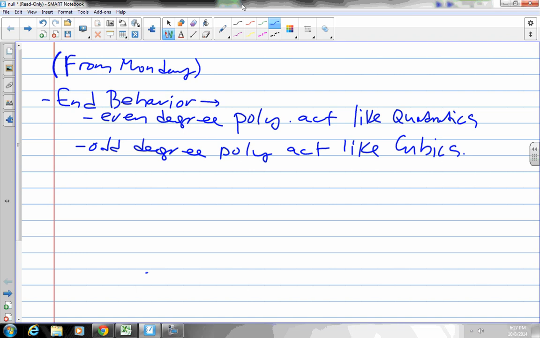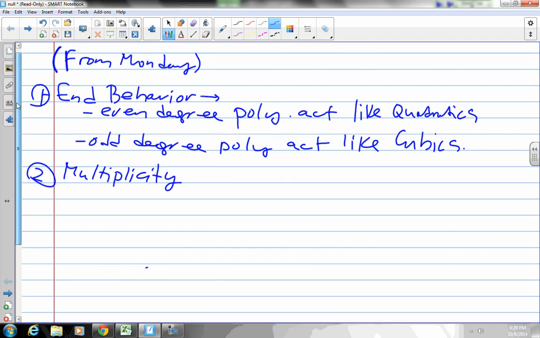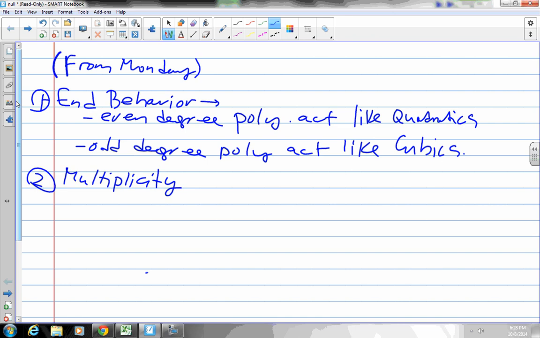We also discussed the concept of multiplicity. What is going on over there? Did I just jump into that too early? Do you need another minute? I'll give you all another minute.